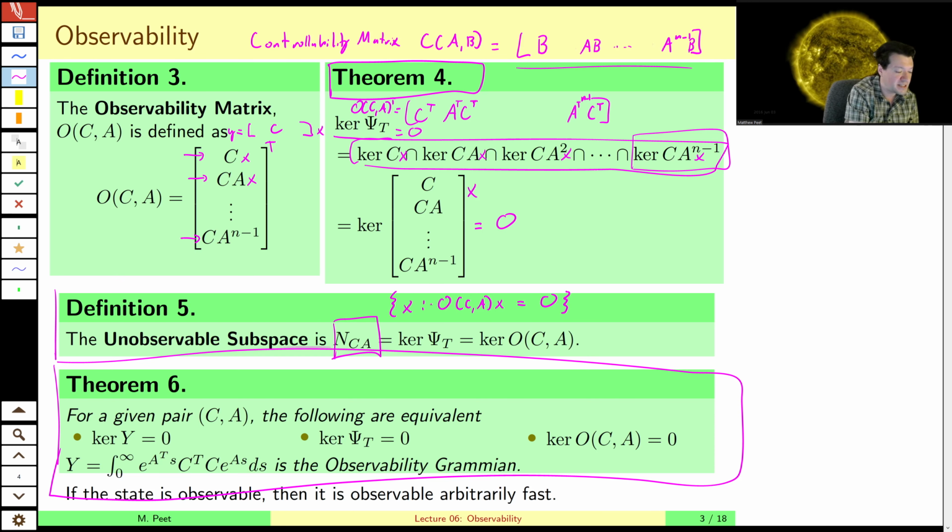So this is, by the way, set notation, right? So this is how you always write sets. You say x is in some field, in this case R^n, and then you put some constraints on the elements of those sets. And so this is the kernel of this matrix O. And of course, what we've stated is that it is equal to the kernel of this flow map.